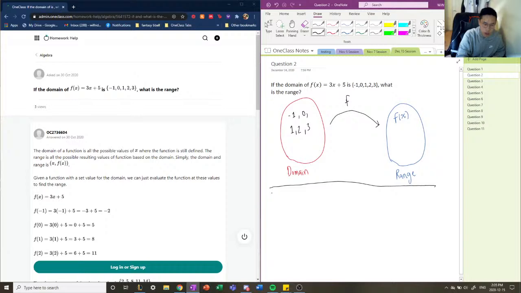Okay, so we're going to first state our function here, which is f of x equals 3x plus 5. Let's first calculate f of negative 1.